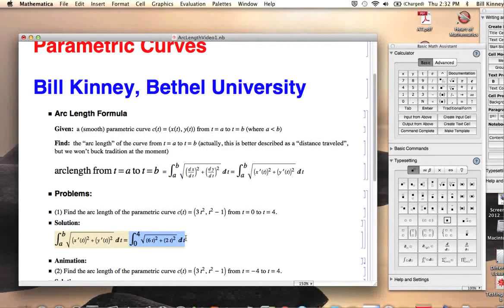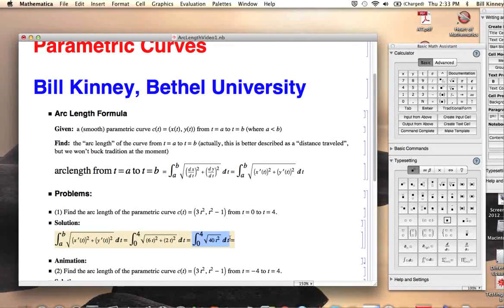First, let's simplify it. We can square 6t, quantity squared, it will be 36 times t squared. 2t quantity squared will be 4 times t squared, altogether giving us 40 times t squared. So that's one simplification we can make.